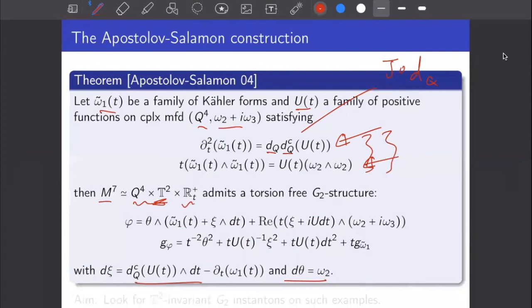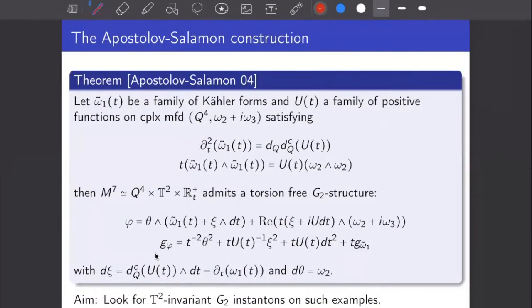So it's a T2 bundle over Q determined by these two conditions. And on this 7-manifold, you can define a torsion-free G2 structure by these two expressions here. So this produces a torsion-free G2 metric on our 7-manifold starting from this data on Q4.